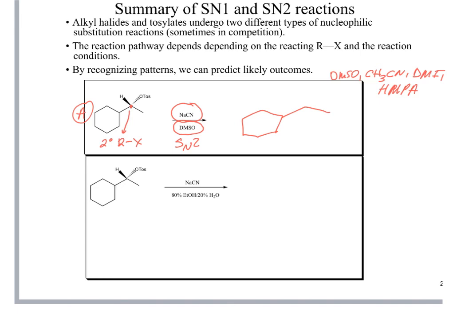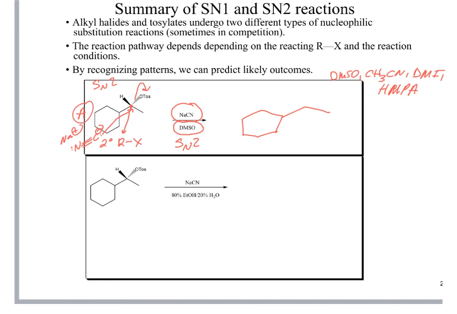So my mechanism is a one-step mechanism, SN2 reaction. My nucleophile, the cyanide ion with a full negative charge on carbon, so sodium cyanide, will attack the carbon atom from the backside.